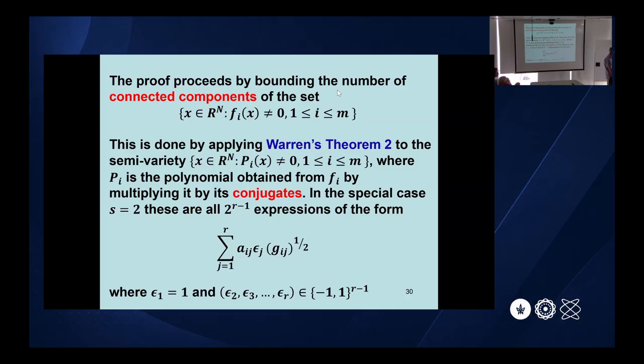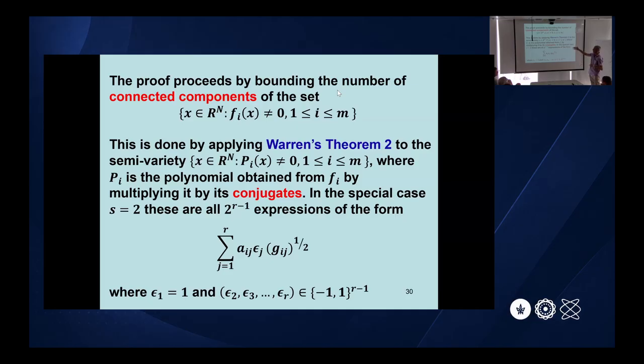The basic trick is this. Note that a minus b times a plus b is a squared minus b squared, which means that if a and b were square roots, then after I multiply by this, I get a polynomial, right? Okay.